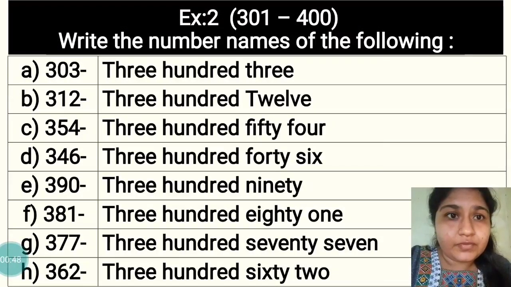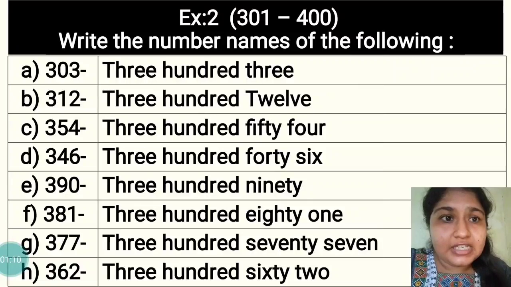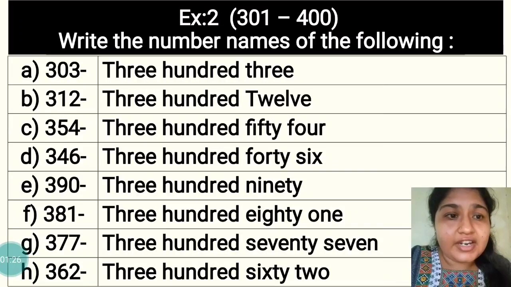303, 312, that is 312, 354, that is 354, 346, that means it is 346, 390, so the number name of 390 is 390, 381, so here it is given 381, 377, 362.